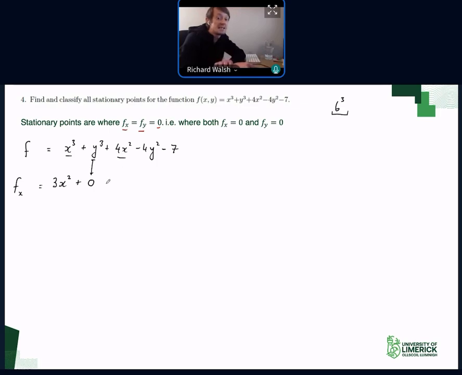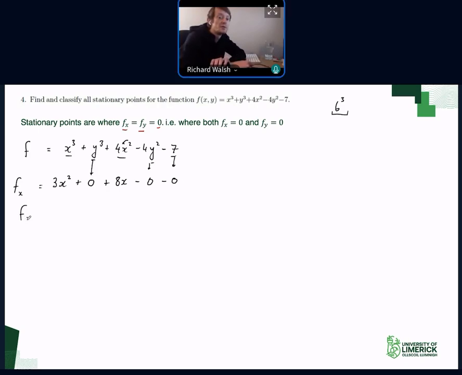4x squared with respect to x, differentiated as normal, multiply down by my power, subtract 1 from the power. X to the power of 1 is just x. Minus 4 times y squared, that's like minus 4 times 3 squared, for example, which is 36. It's just a value, so that will also differentiate to 0. And minus 7 is a constant, so that will also differentiate to 0.